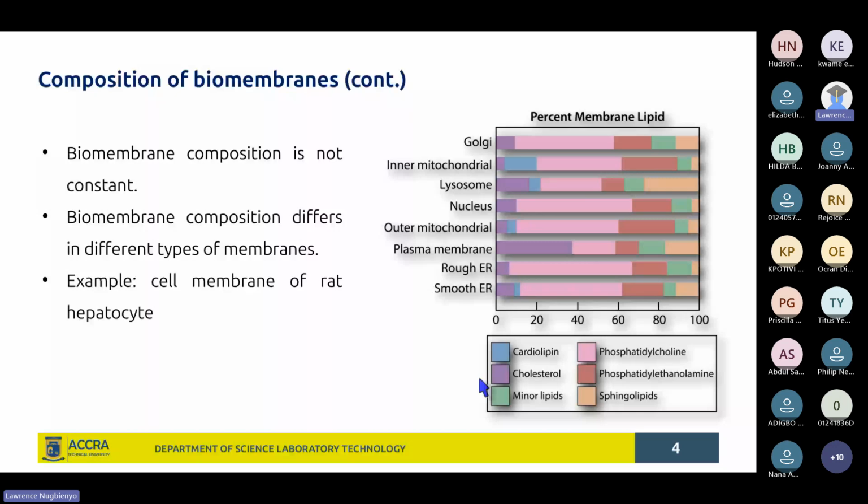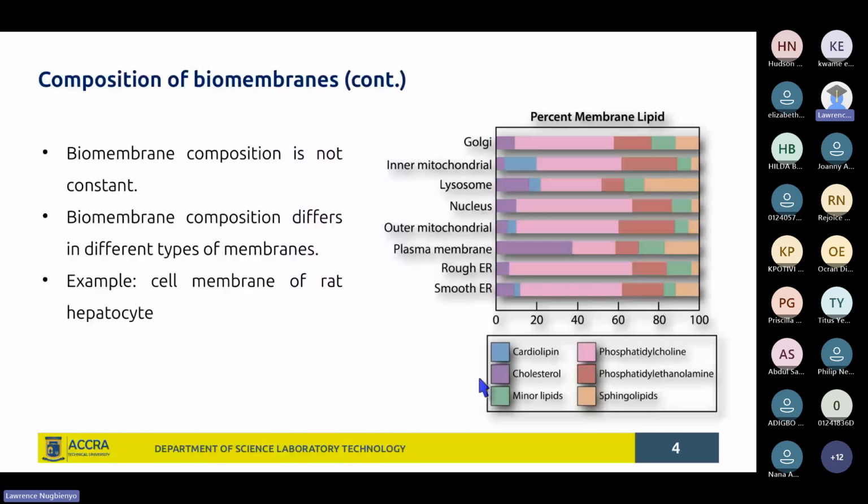No. You have different compositions. So it can depend even on the type of cell that you are looking at. That is, even within a particular organism, you have different cells that will have different compositions. So you have these biomembrane compositions being different. Yeah, it's not constant.